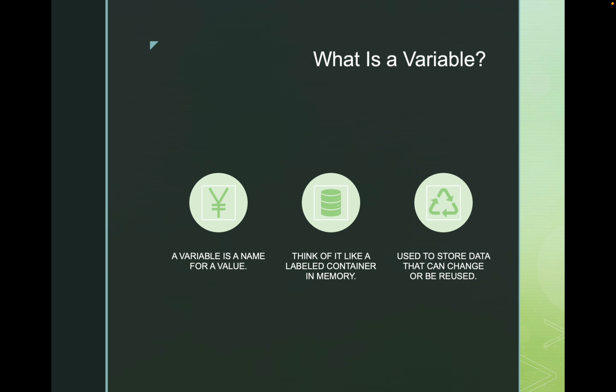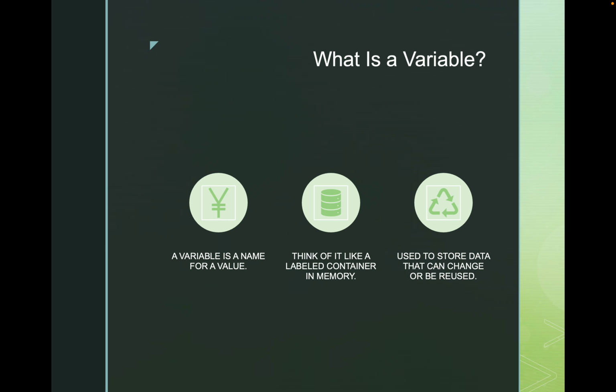Suppose your age is 15 and you need to keep using 15 everywhere in your code. It will look really ugly. If it's 15 it's fine, but if it's a large number or a very big piece of information, rewriting it again and again every time is not good.